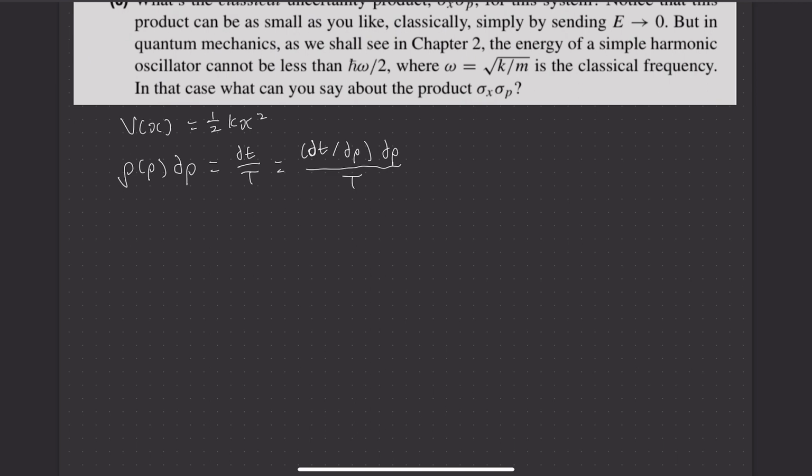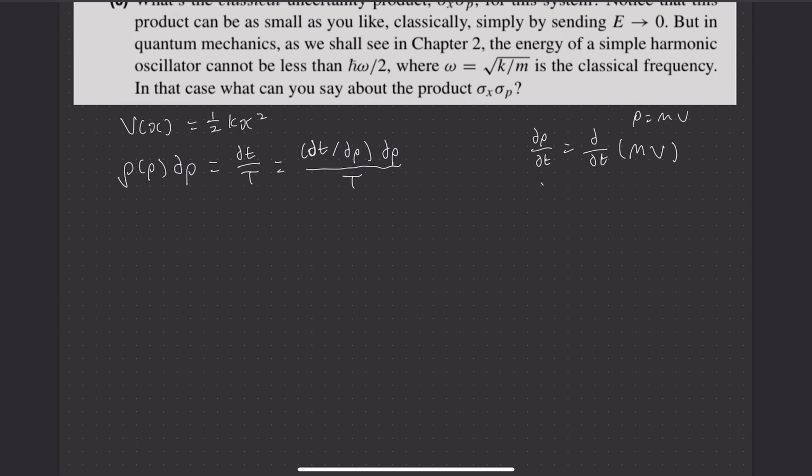Now, dt over dp is just the reciprocal of dp over dt. And we know dp over dt is equal to the time derivative of mv, because momentum is equal to mv.